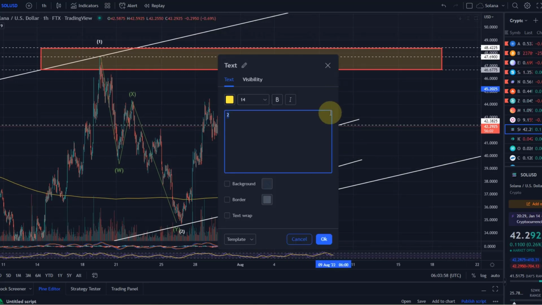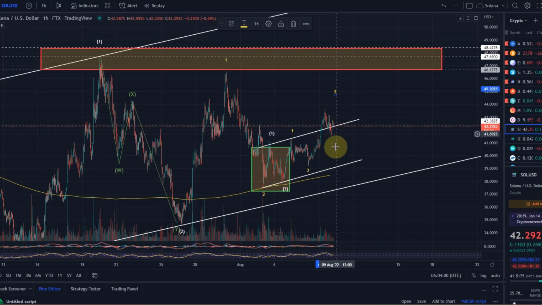And as I told you yesterday, as soon as we break out of this base channel, it's a good sign that wave 3 has started and that wave 2 is over here. So that happened, even though we lost it briefly, it doesn't matter.